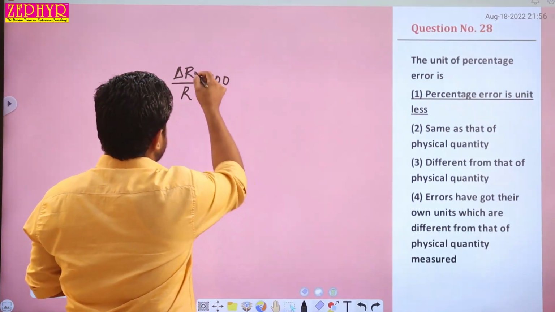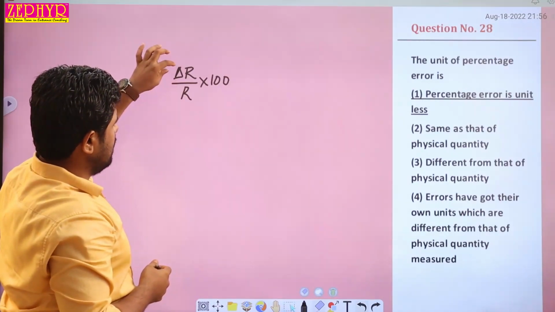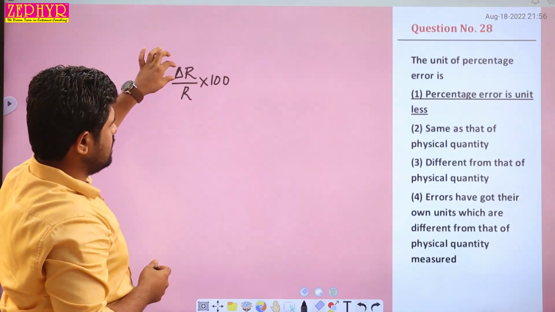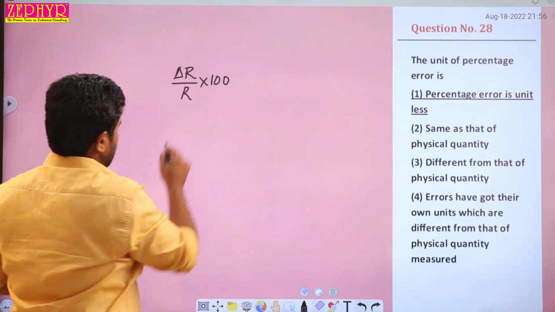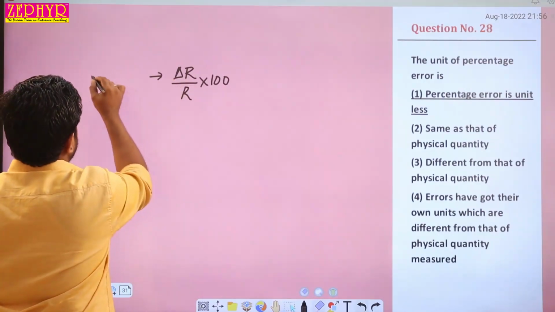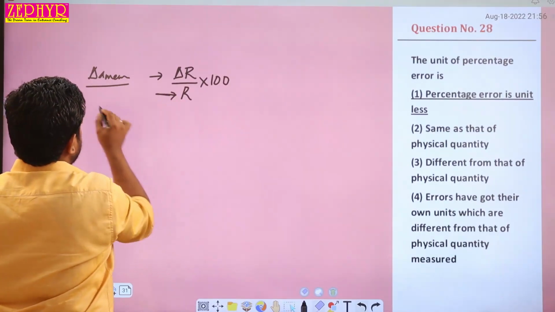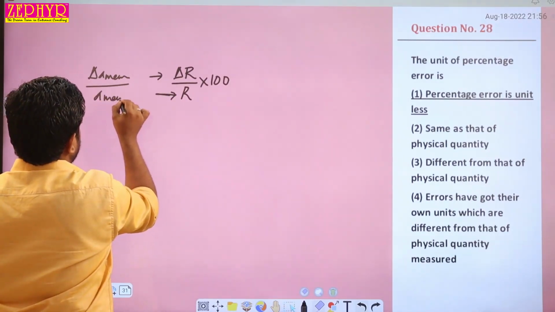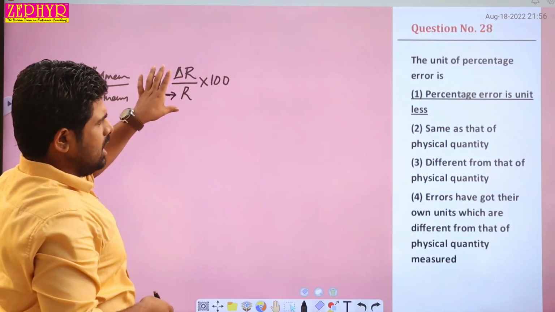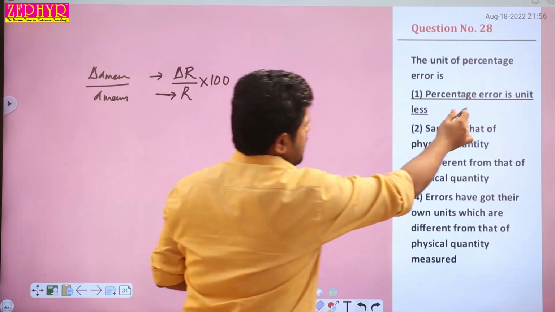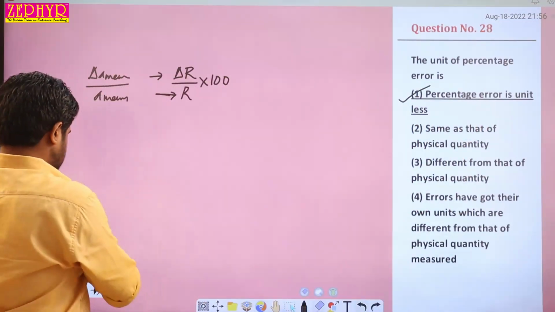Consider R as a physical quantity; its variation or error in R is delta R, and delta R divided by R. Both quantities are the same, therefore this is a unitless quantity. So percentage error is unitless. That is the right answer.